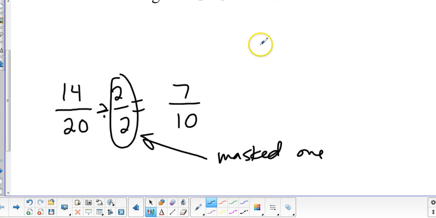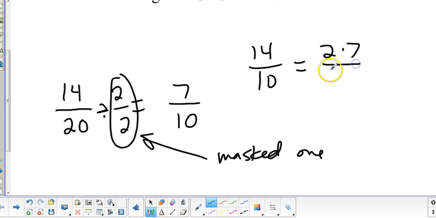Another way to look at this is if you take your 14/20ths and you break 14 up into its prime factors. The parts of the prime factors that are like or matching, this part of the fraction is equal to 1.